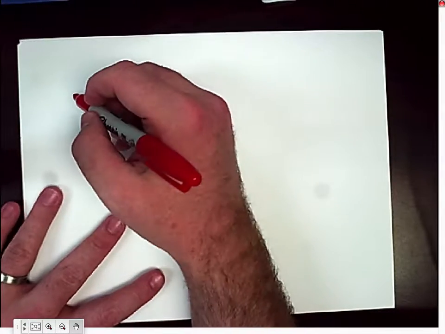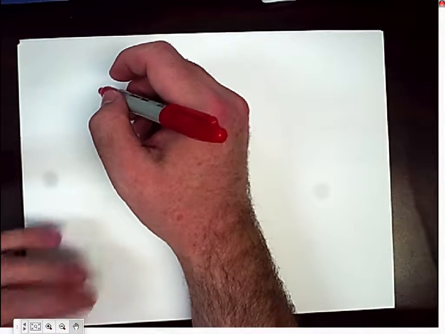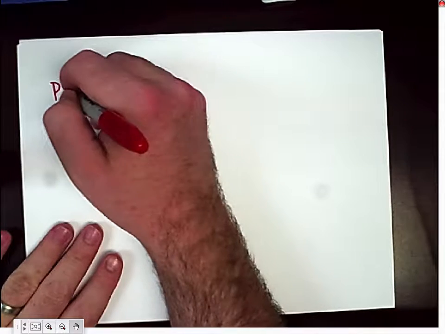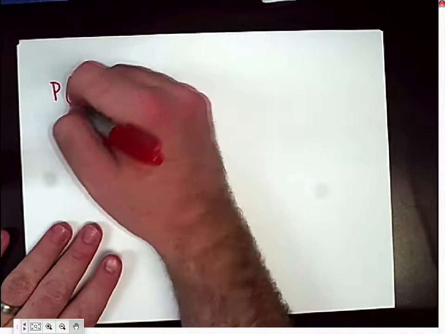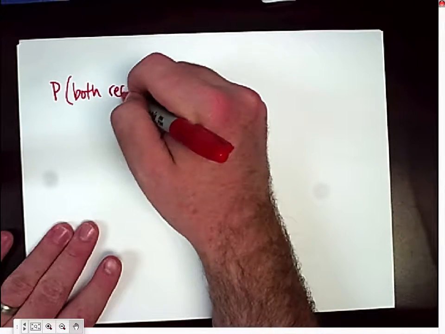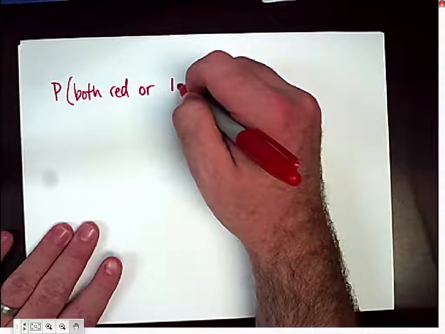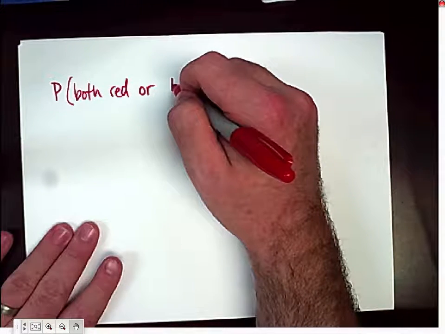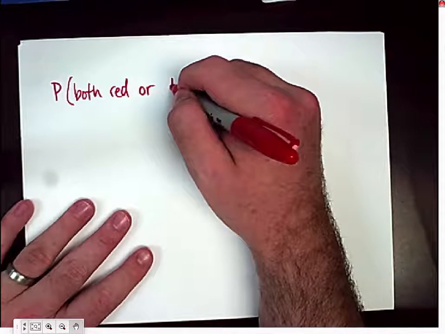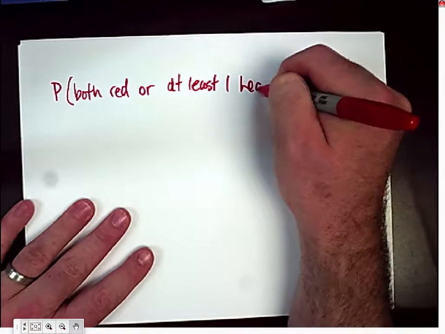So you draw 2 cards out of a deck, right? What is the probability that they are both red or, hold on, at least one heart.